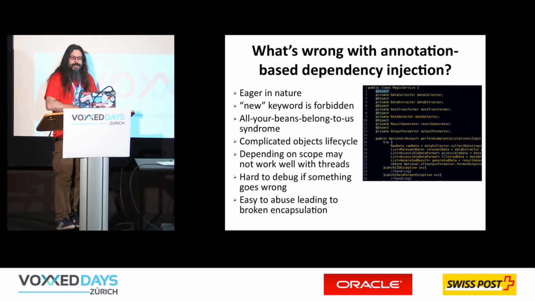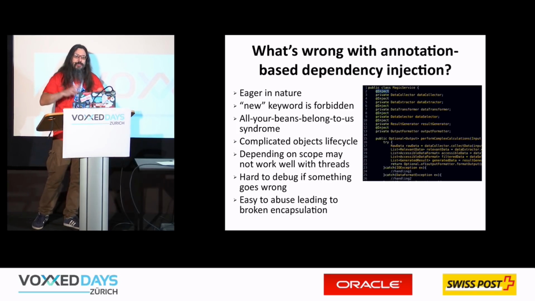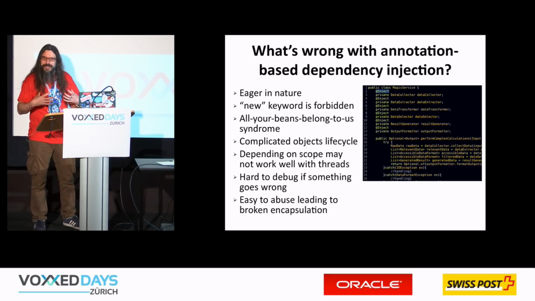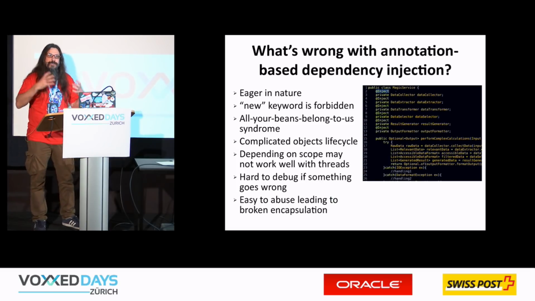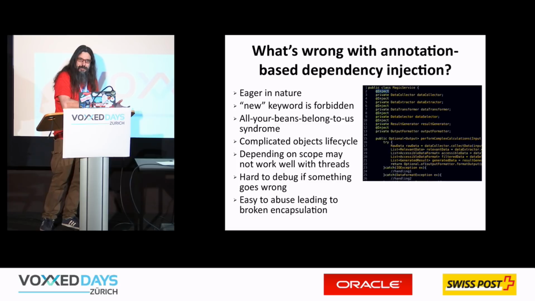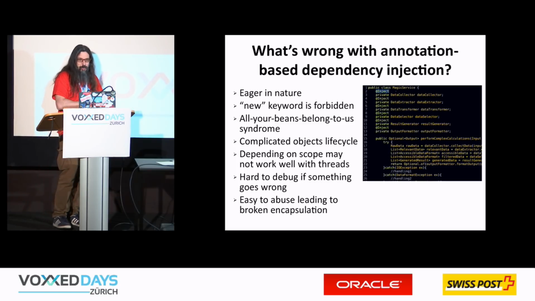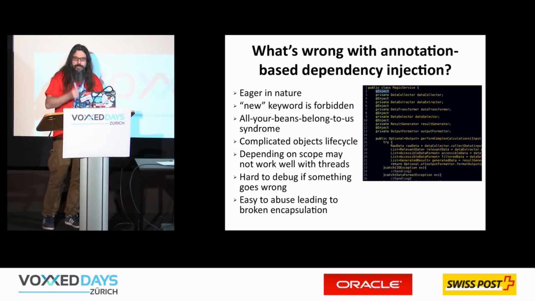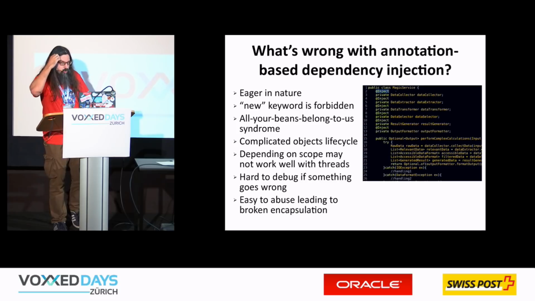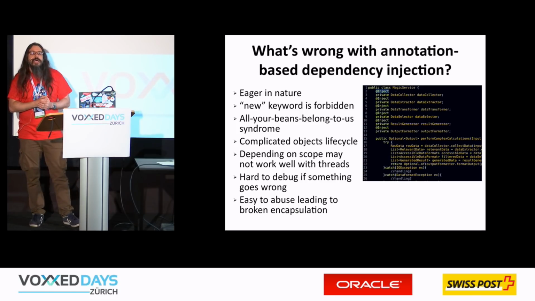So there is this thing that I call the "all your beans belong to us" syndrome. You lose control of the life cycle of your beans because everything is under the control of the dependency injection framework. And this life cycle could become quite complicated. Depending on the scope of the object, you could have a thread problem or a concurrency problem.